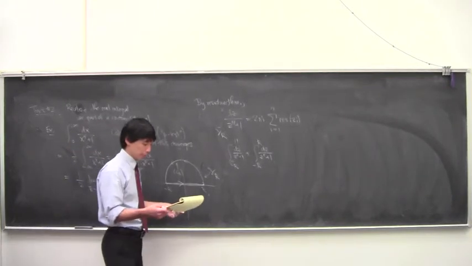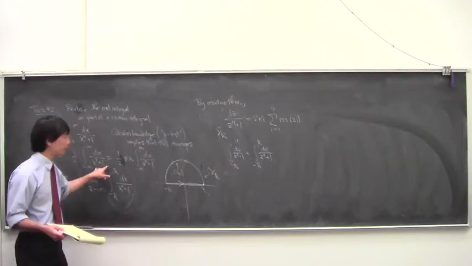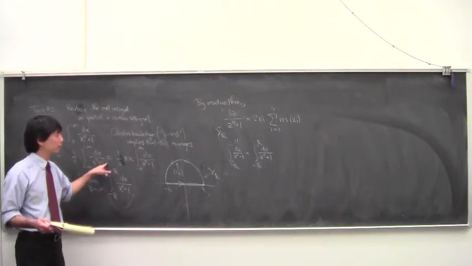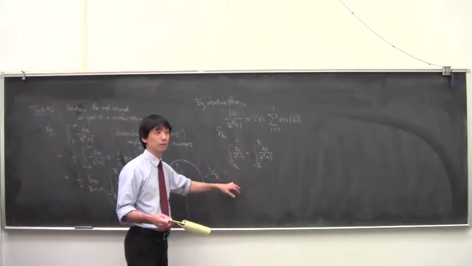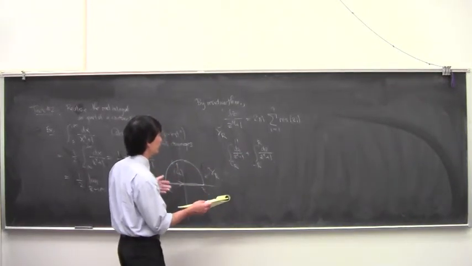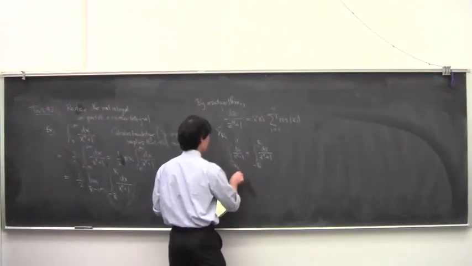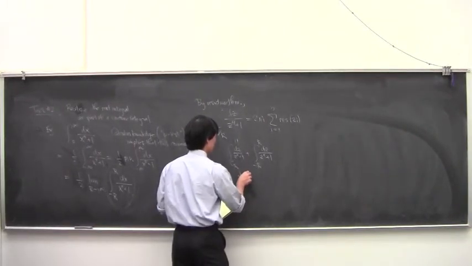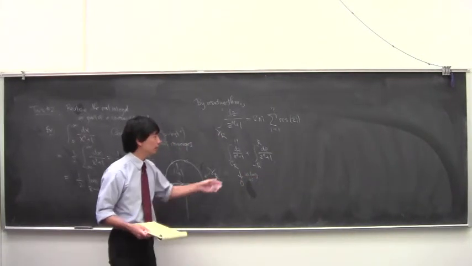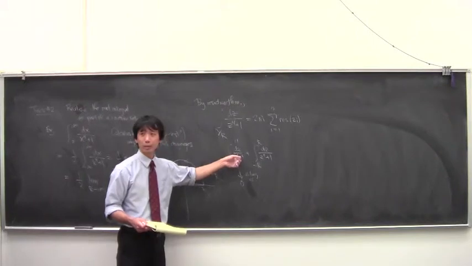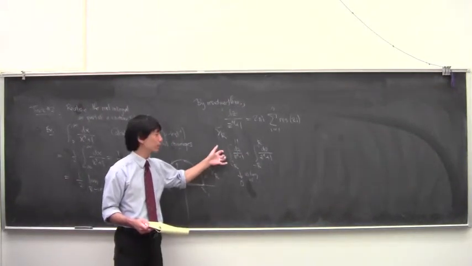What we'll see is that if your function satisfies certain conditions, then as r tends to infinity, this is going to tend to 0. In this case, we'll do it directly. We'll see that we can bound this thing, and the bound goes to 0 as r goes to infinity.